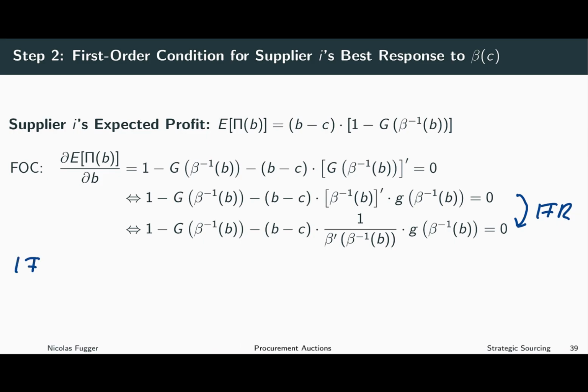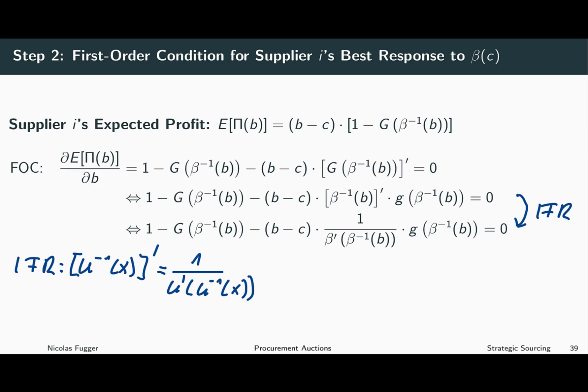The inverse function rule just says that the derivative of u to the power of minus 1 of x is given by 1 divided by u prime of u to the power of minus 1 of x.